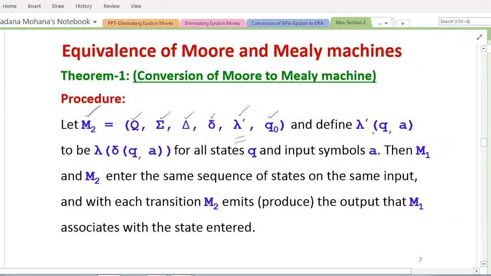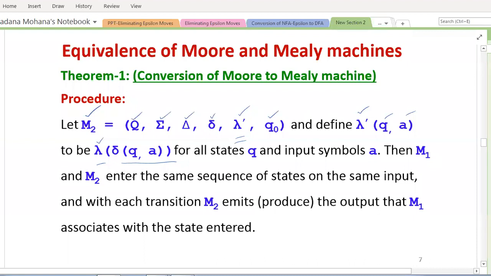Now the output function is defined as lambda dash of (q, a), which can be defined as lambda of delta of (q, a). Here lambda is the output function of the given Moore machine, and delta is the transition function of the given Moore machine. First you find the transition function for the state and input in the given Moore machine.